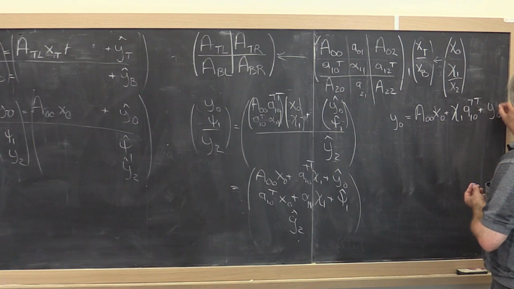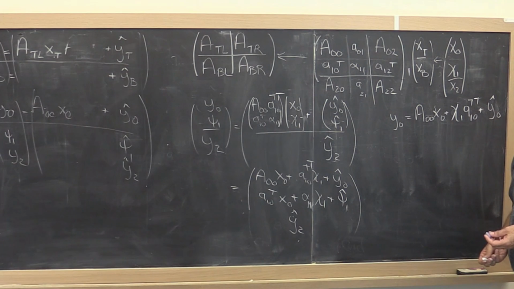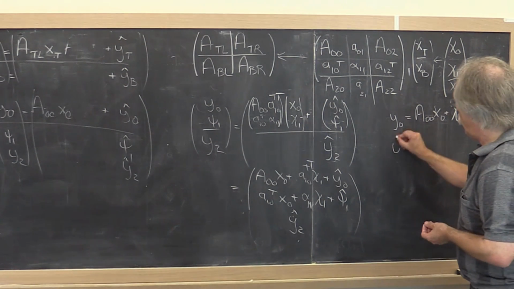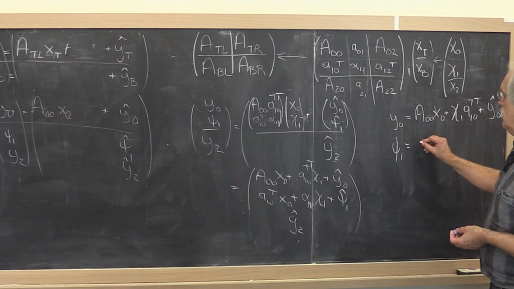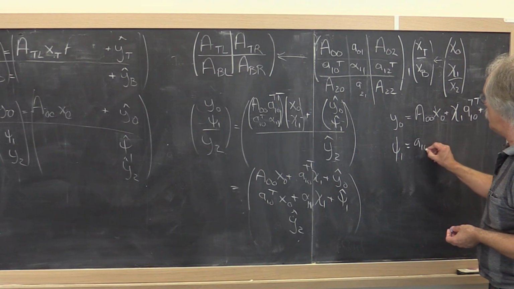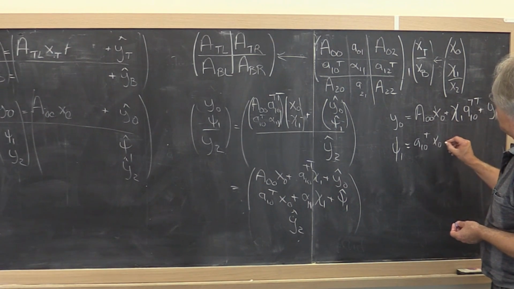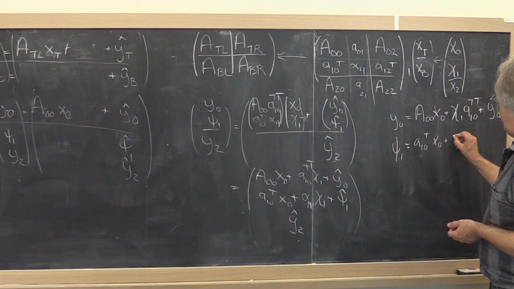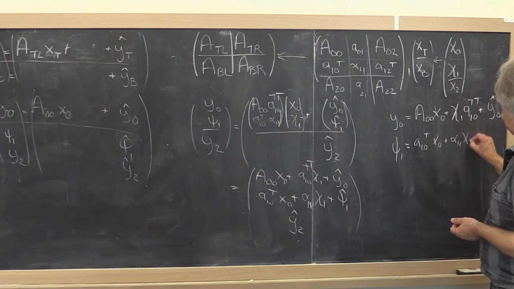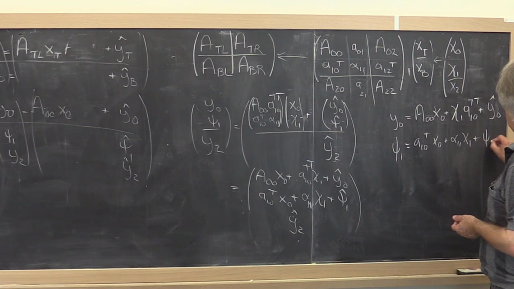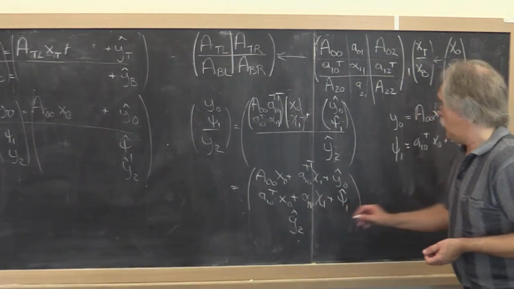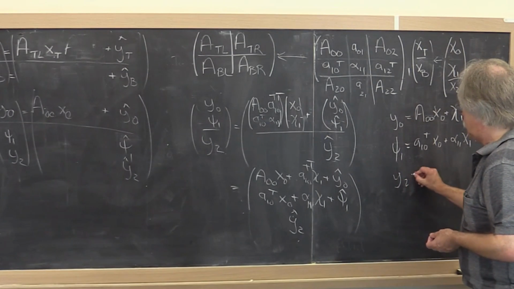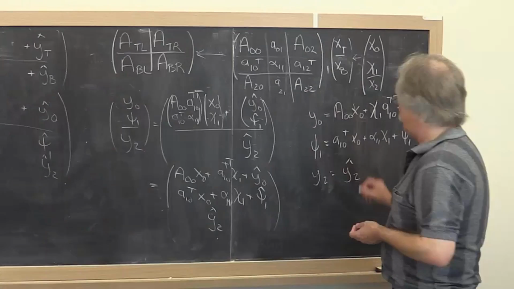Plus y0 hat. Okay? Psi 1 must be equal to A10 transpose x0 plus alpha 1 1 times chi 1 plus psi 1 hat. y2 must be equal to y2 hat.